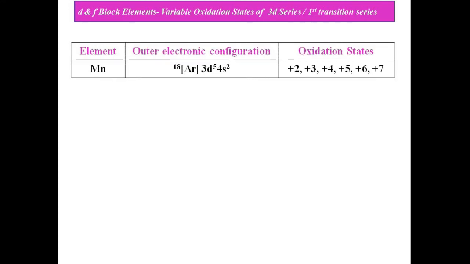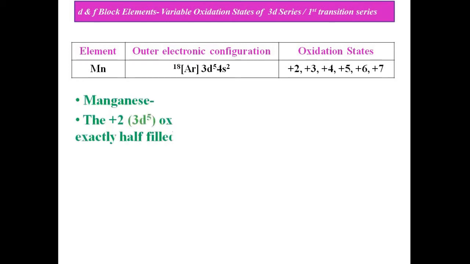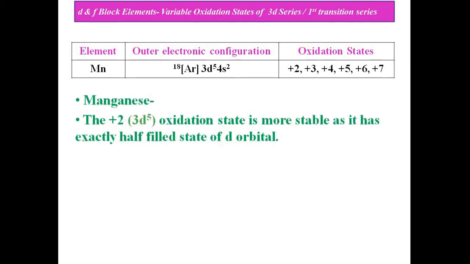Then we will discuss manganese. +2, +3, +4, +5, +6 and +7 are the variable oxidation states which manganese possesses. Here for manganese, the +2 oxidation state is more stable as it has an exactly half filled d orbital.